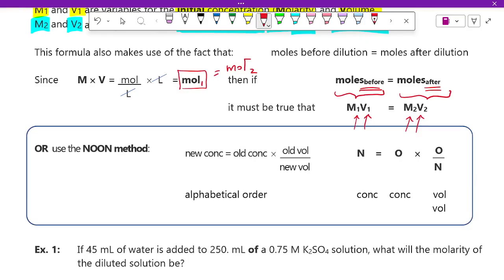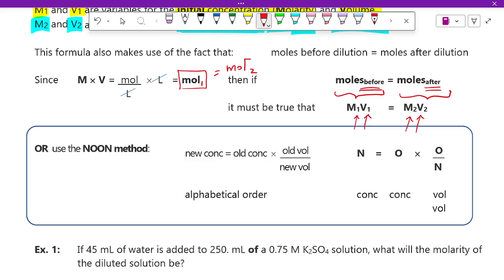So you can use that in any situation, and as long as you can identify what the initial volume and the final volume, the initial molarity and the final molarity are, you can solve, okay? Then you have one unknown and you solve for it. There's another method, and this is the one that I like, because fractions make a lot of sense to me.